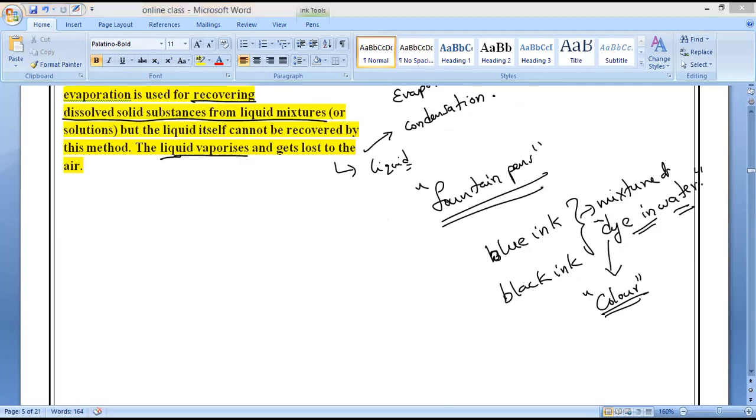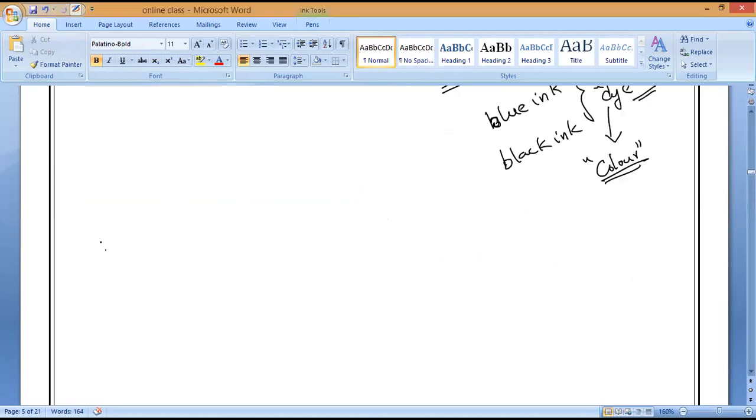Do you understand? Remember, we can separate the colored component of ink, or dye from ink, by the process of evaporation.